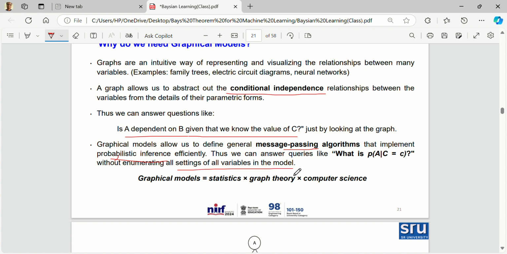We are not considering others, or only considering the headache. Suppose A is the fever and C is the condition that you have a headache, then what is the probability that you suffer from fever with the condition headache? So generally the graphical model is a combination of statistics, graph theory and computer science. Why computer science? We are going for the computation.